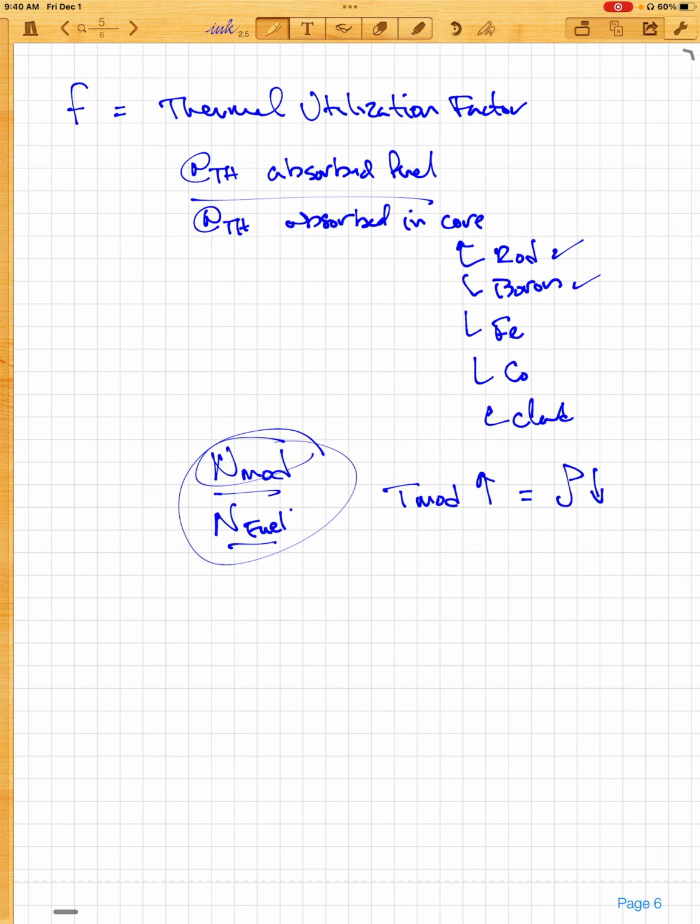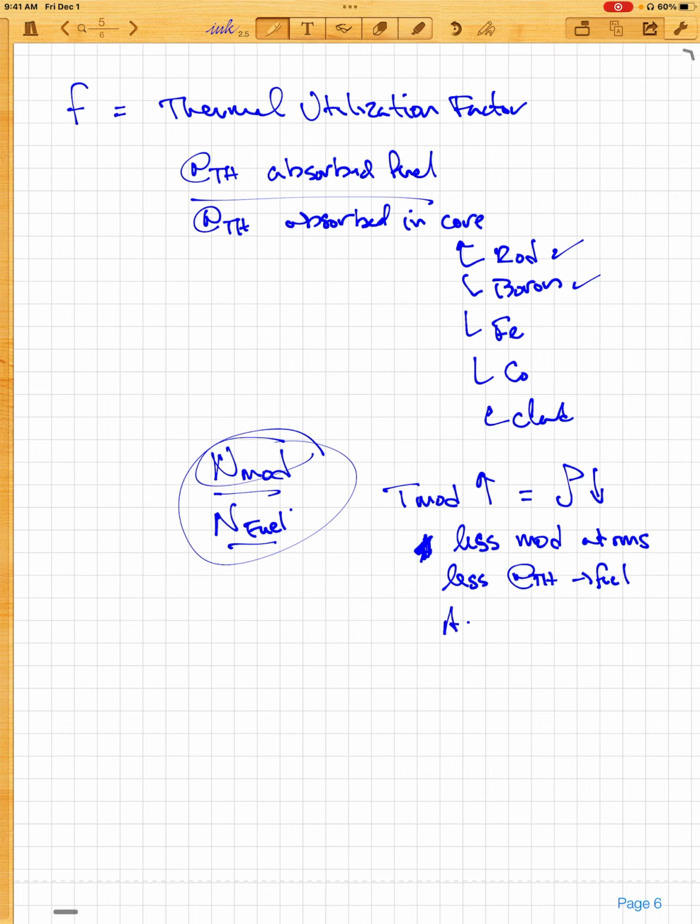So there's less moderator atoms to absorb energy and less thermal neutrons. So less mod atoms, so less thermal neutrons likely to get to fuel.